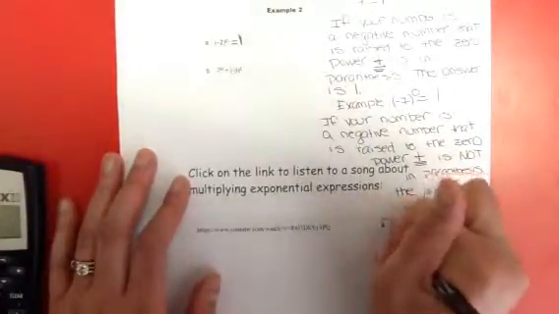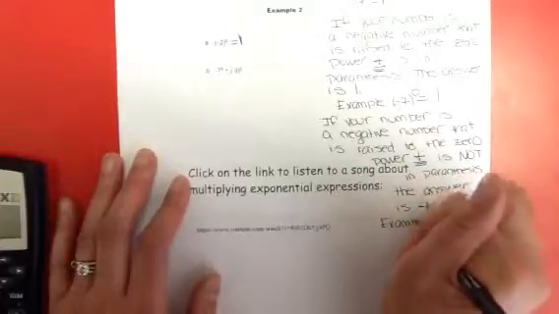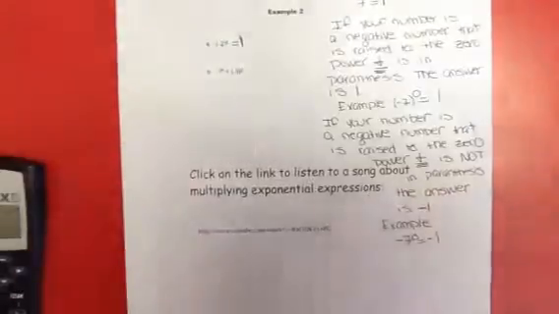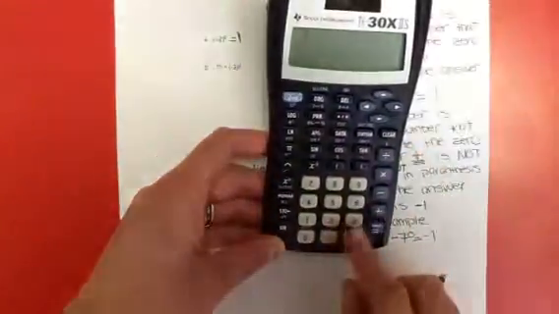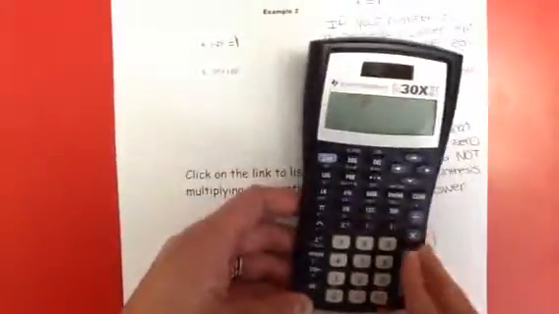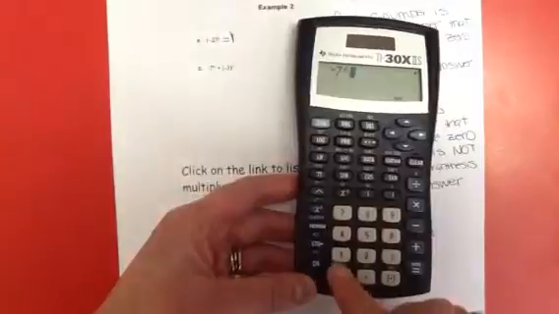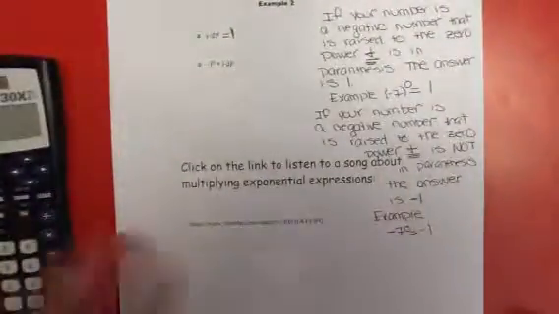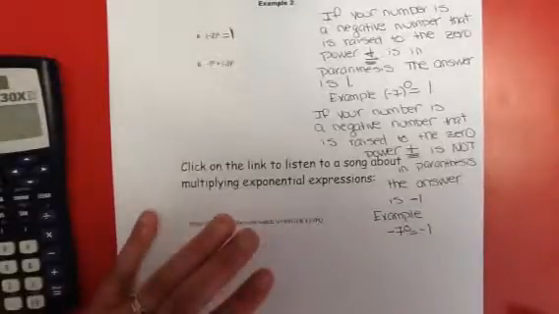So for example, negative 7 raised to the 0 power is negative 1. So let's plug that in the calculator to see if it's true. Negative 7 raised to the 0 power gives you negative 1. So that's why parentheses make a huge difference in math.